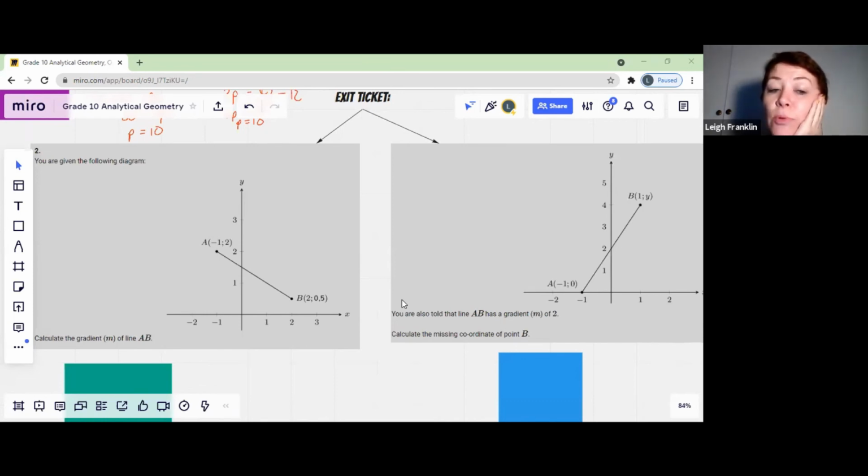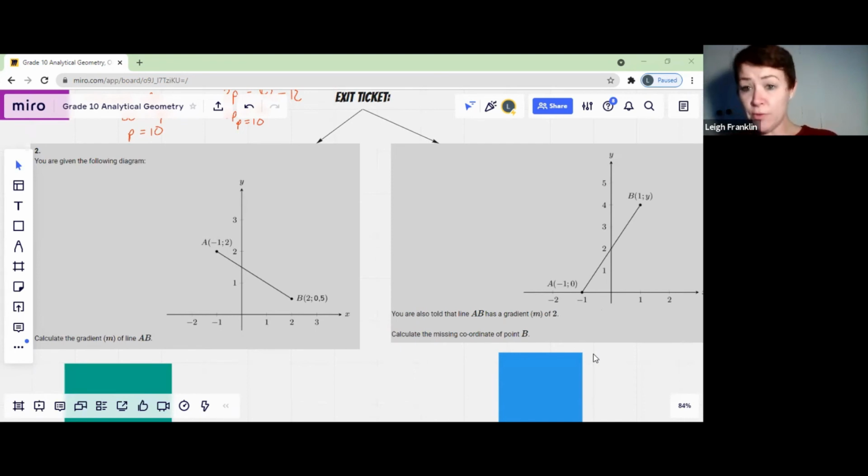And then I want you to label your coordinates at A and B: X1, Y1, X2, Y2. Oh, wow. Well done, Katlego.